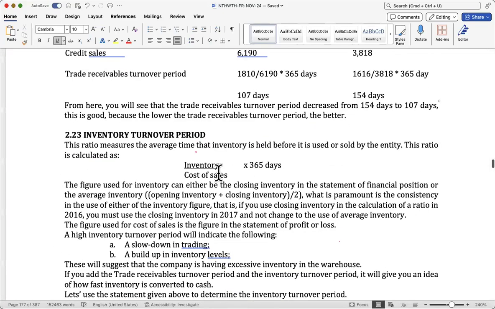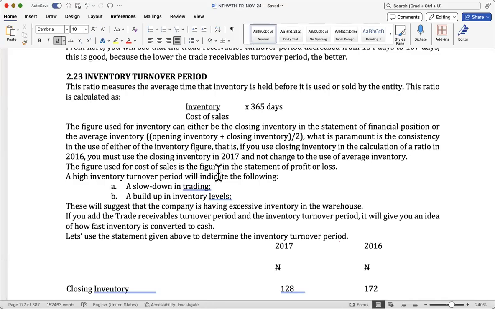Okay, so inventory turnover period. This ratio measures the time, the days, the months, the year, that an entity holds inventory before it sells it to its customers.